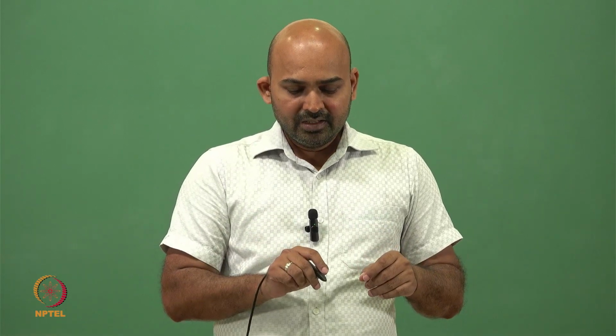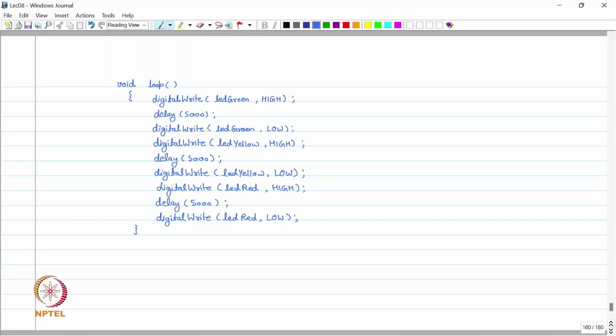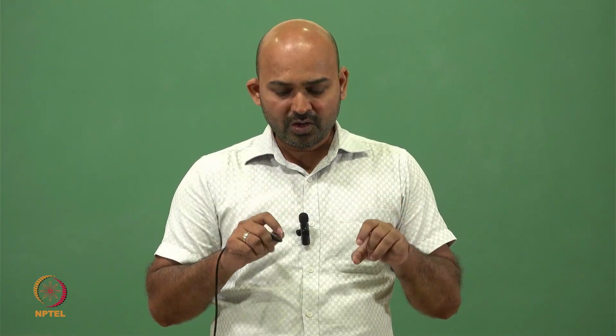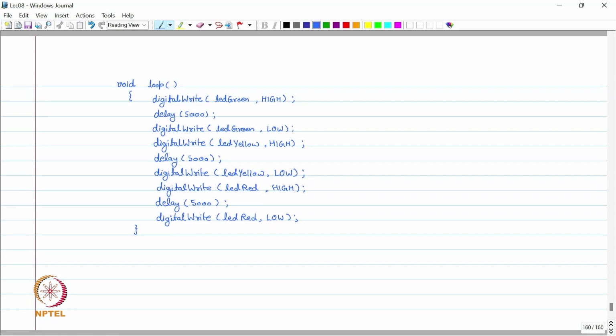After 5 seconds, digital write LED green low. So the green light will be turned low, the voltage applied will be 0 now, and in the next statement immediately the LED yellow high. So the pin which is connected to the yellow light will be applied a 5 volt signal, and further this program is going to halt for again 5 seconds before executing the next instruction.